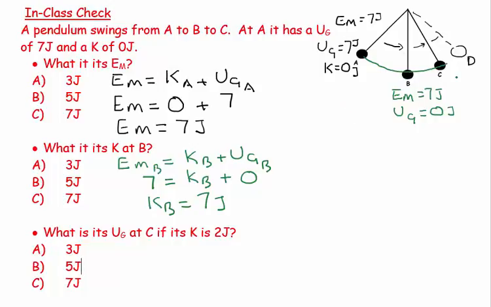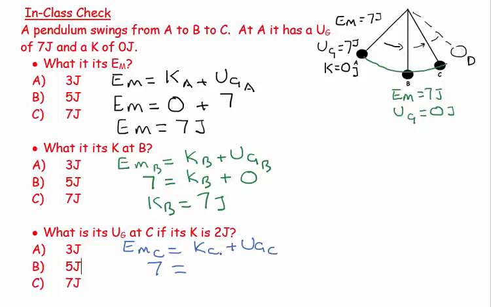Now let's look at an interesting case where we look in between these two, at point C. So the mechanical energy at C must equal the kinetic energy at C plus the gravitational potential energy at C. And we've been talking about this all the way along, the mechanical energy at any point in this system is the same.